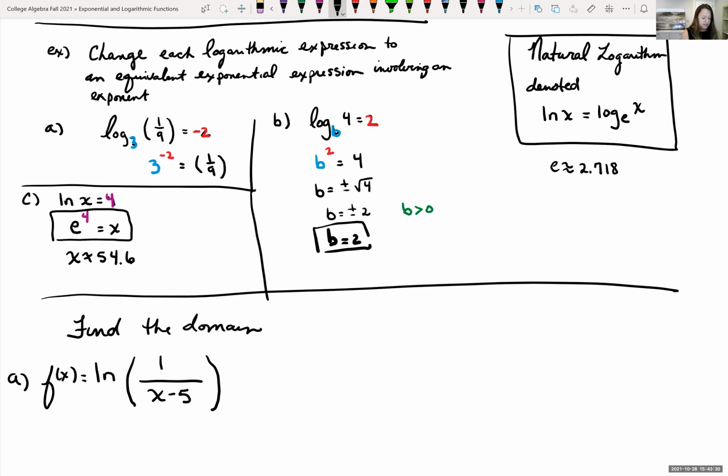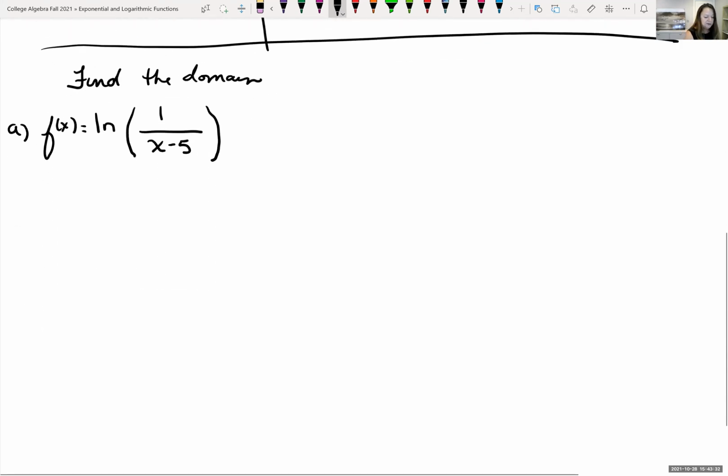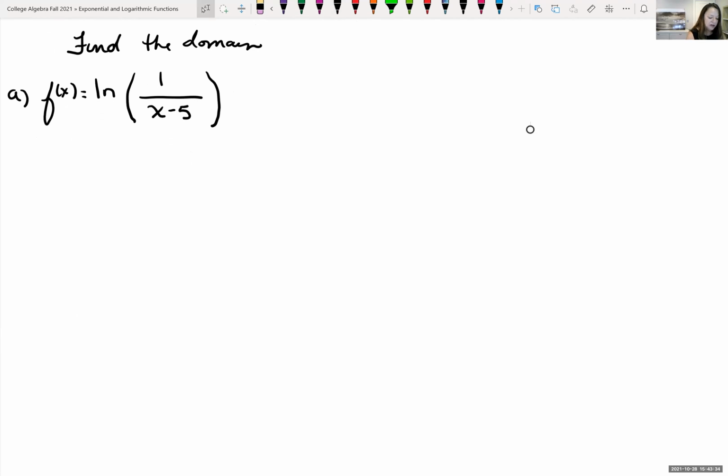We can only take the natural log of a positive number. So we know that 1 over x minus 5 has to be greater than 0.